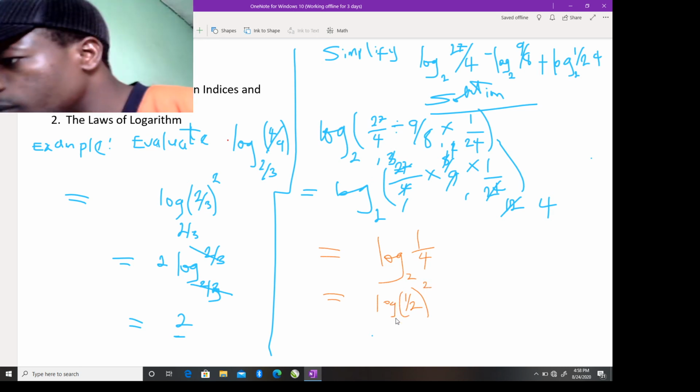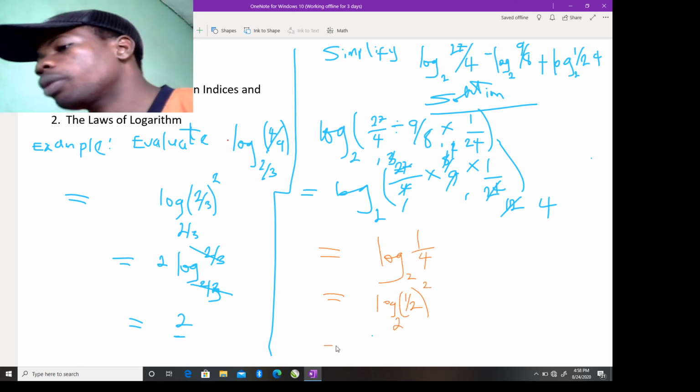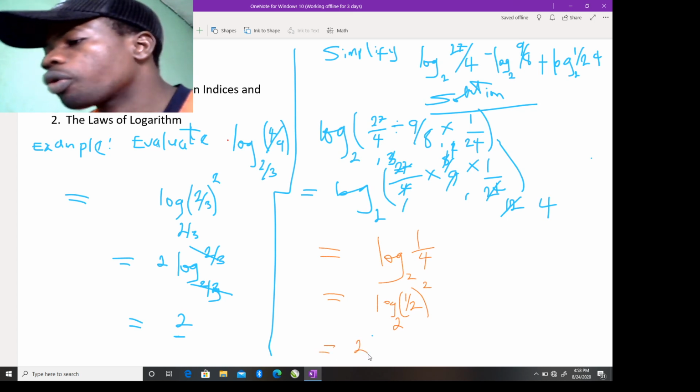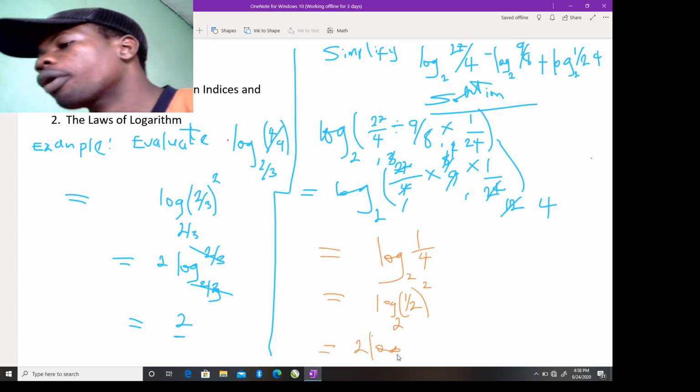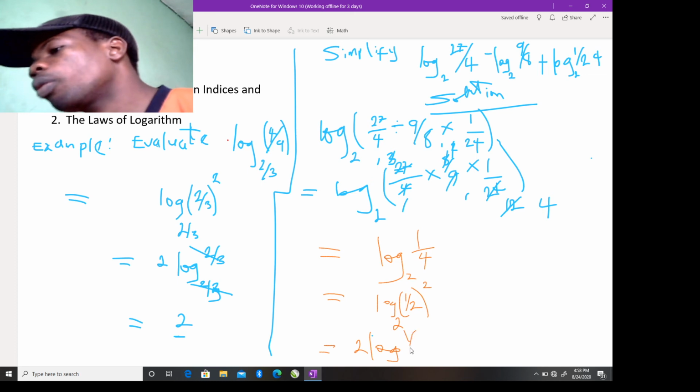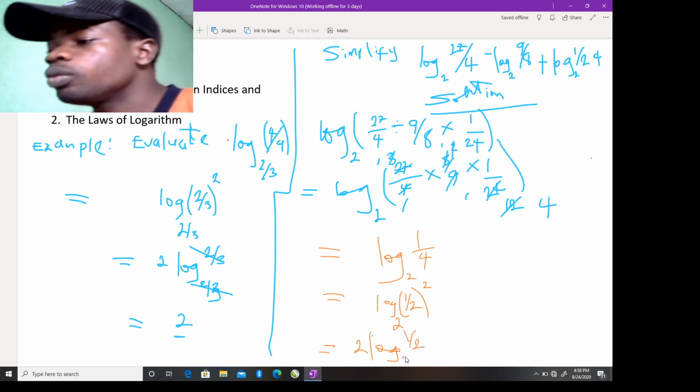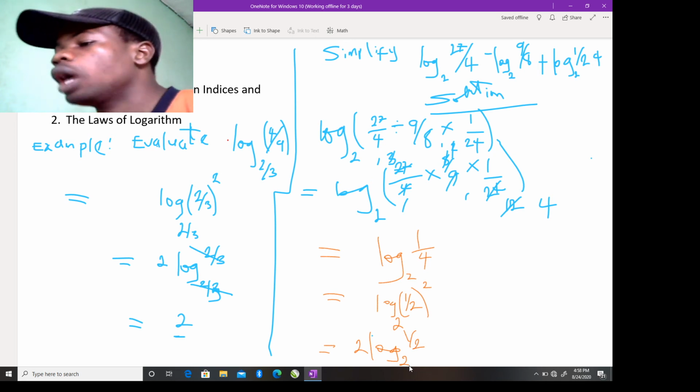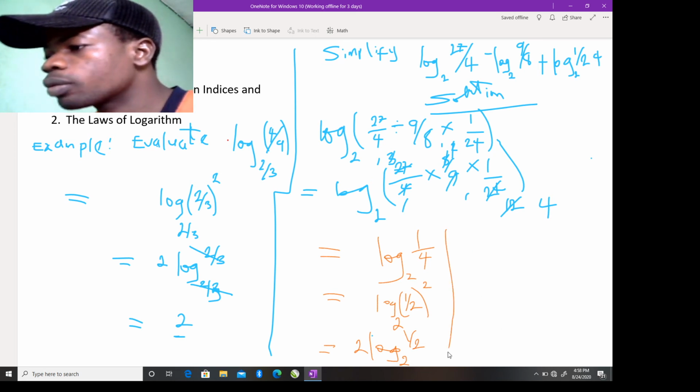Then you have base 2, so that becomes 2 log 1 upon 2 base 2, and that is still equal to what?